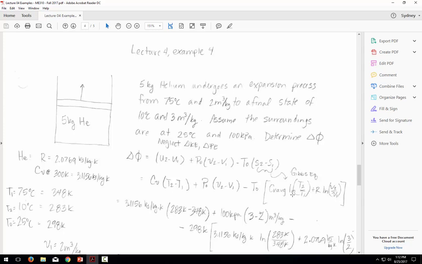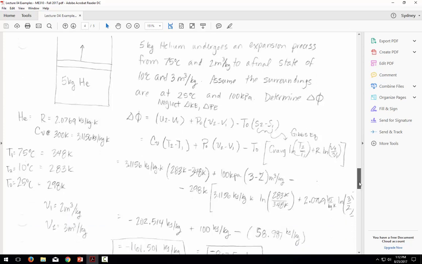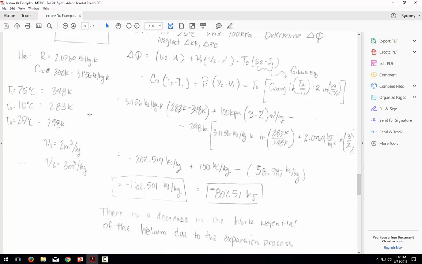This is, I believe, the first Gibbs equation, which allows us to calculate our change in entropy using C sub V average times the natural log of T2 over T1 plus R times the natural log of V2 over V1. So now we can just start plugging in the numbers. We have C sub V, we know our delta T, so I've converted everything to Kelvin just to keep things straight. Our P0 is 100 kilopascals.